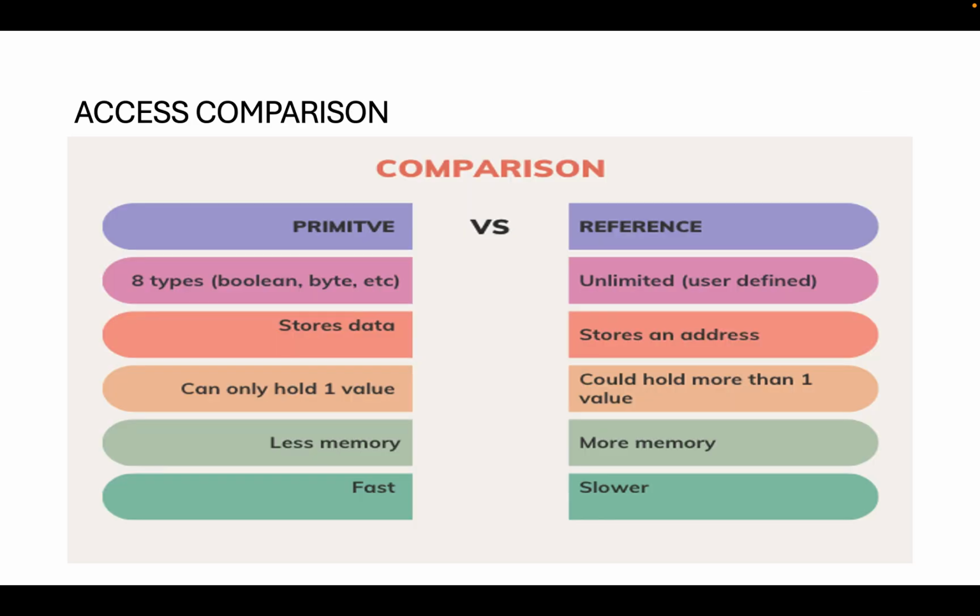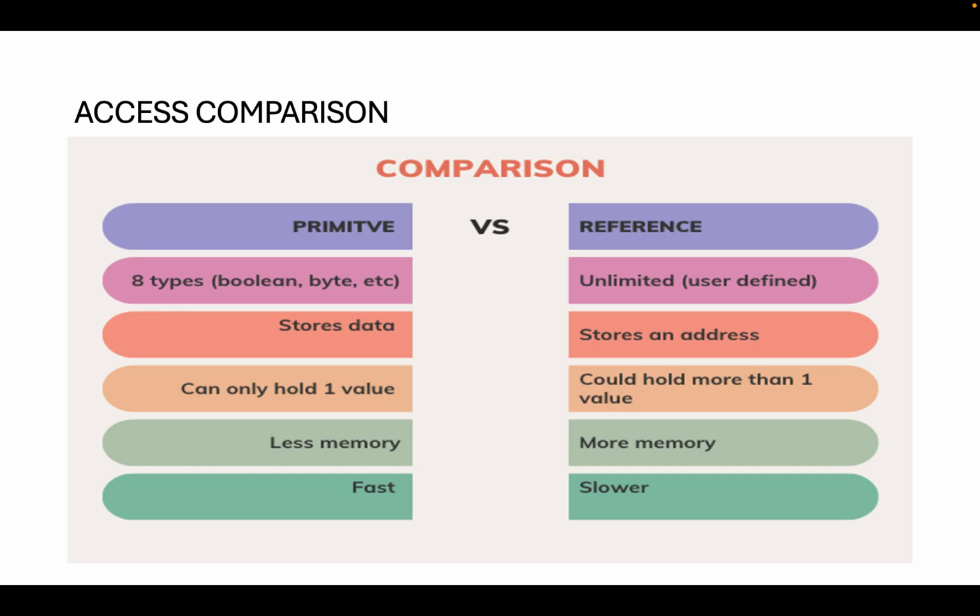Now, a comparison between primitive data types and reference data types. Primitive data types, as we said earlier, include the boolean, the byte, integer, float, double, and so on.